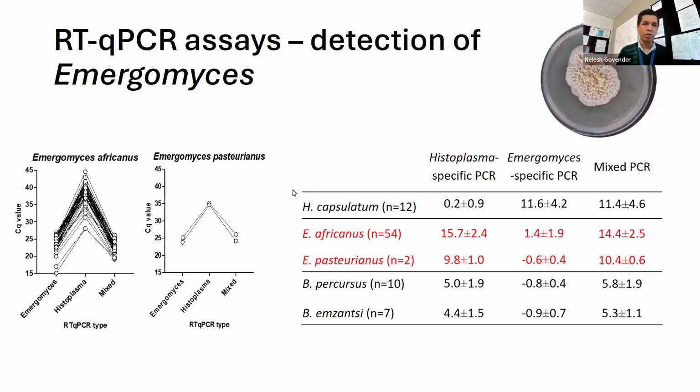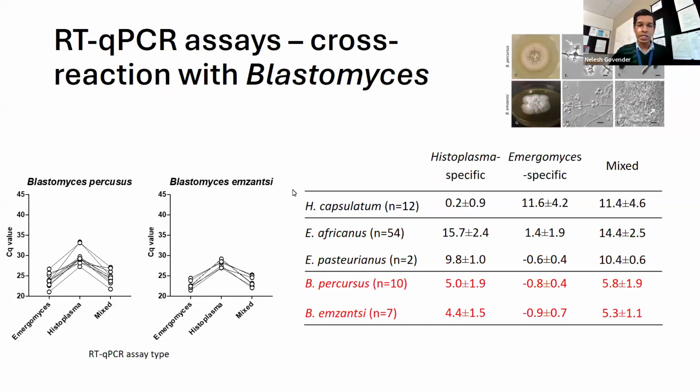Similarly, if you apply the Emergomyces-specific PCR assay to Emergomyces, you see the lowest CT values, and when you apply the histoplasma and mixed PCR assays to Emergomyces, the CT value is higher. And as I said, all these assays tend to cross-react with Blastomyces.